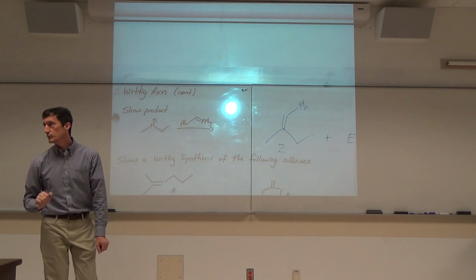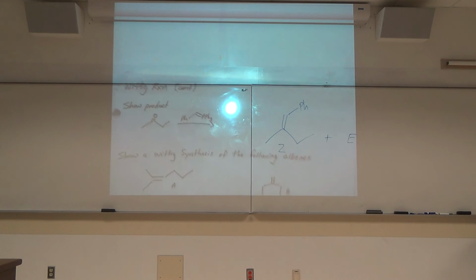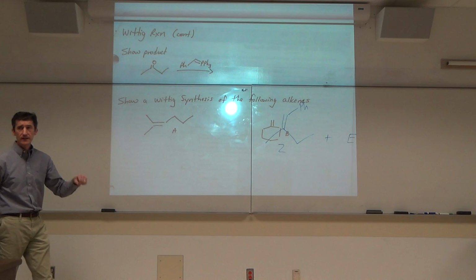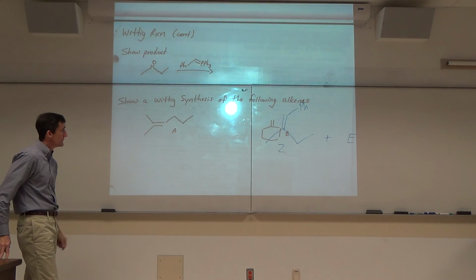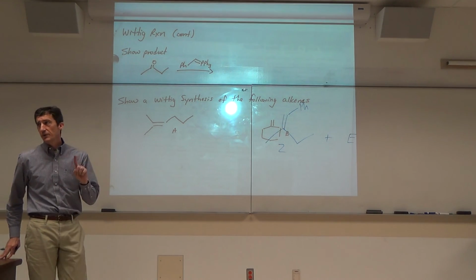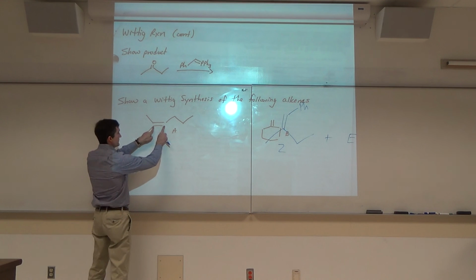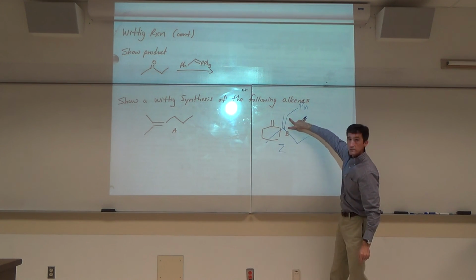Again, there's lots of times when a reaction may be pretty selective for some reason. Now you need to be able to use this in synthesis. Show Wittig synthesis of the following alkenes. Basically going backwards. One thing here, there's going to be choices. For example, in the product, isn't one of the carbons originally a carbonyl?